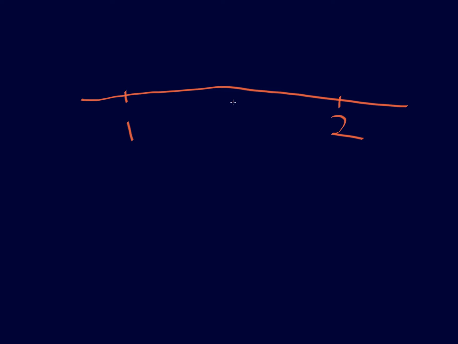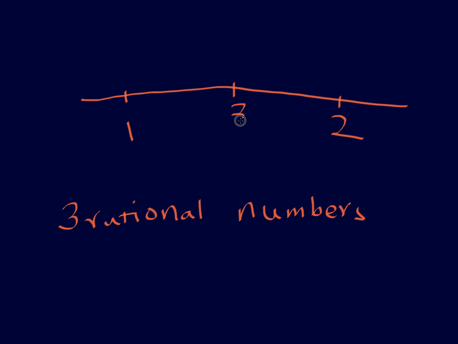So let's say that we want to find 3 rational numbers between 1 and 2. An easy trick is, first let's add 1 and 2 together, so that will be 3. So 3 divided by 2, that's the average of 1 and 2. That is going to be a rational number that's between 1 and 2.